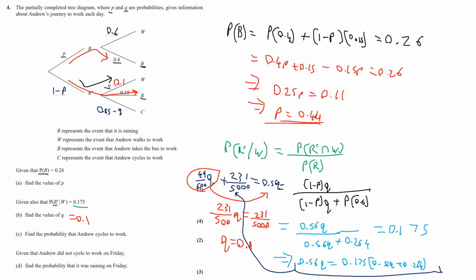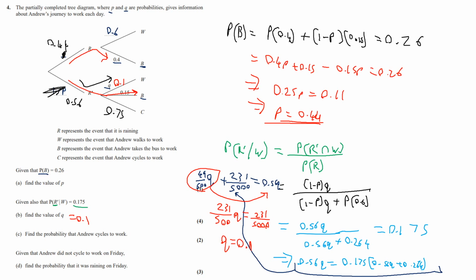Q is 0.1. This is 0.15, which means, let's just rewrite the numbers. This is going to be 0.75, and this is going to be 0.44, 0.56.